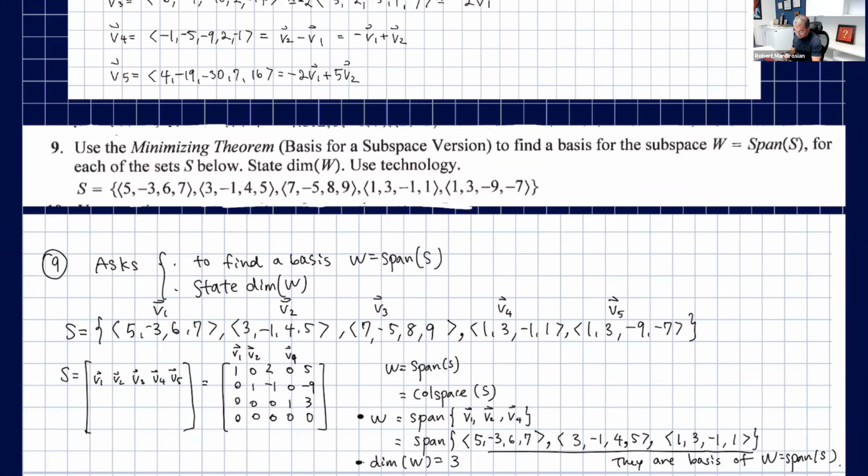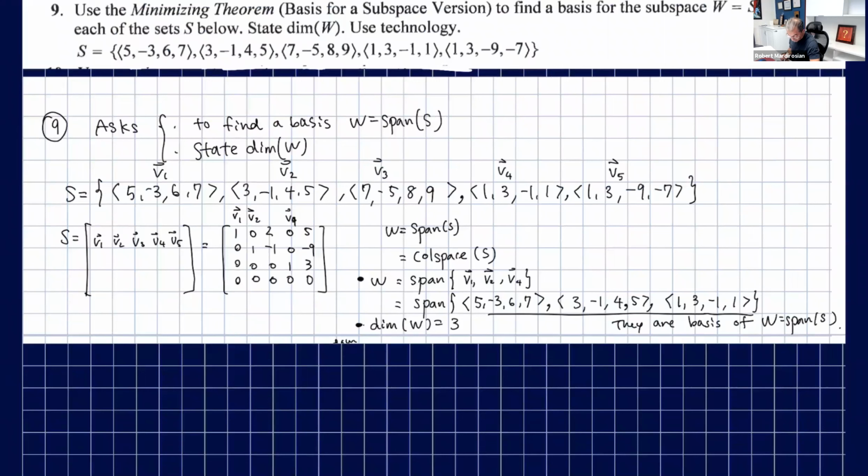Find the RREF, then you know these vectors are pivot vectors, so they are linearly independent. Actually, we have that one, the pivot one, and that one, and V4. So these 3 columns are pivot columns, therefore they're linearly independent.